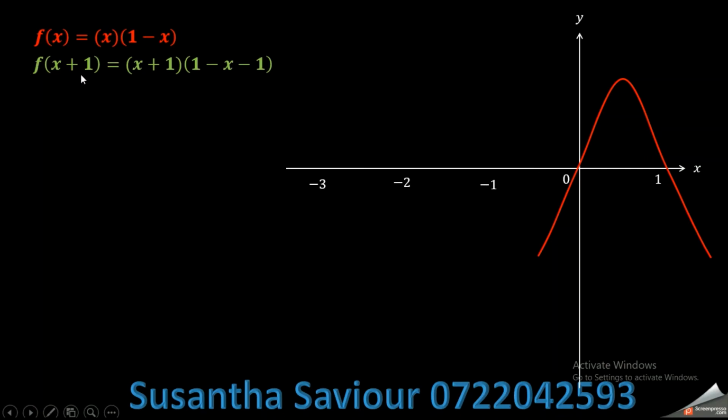Now we will try to subject this curve into different transformations of this type. f(x+1) means x in this original equation is replaced by x+1. So this x will become x+1. This will become 1 minus x minus 1 when x is replaced by x+1, by multiplying by this minus.